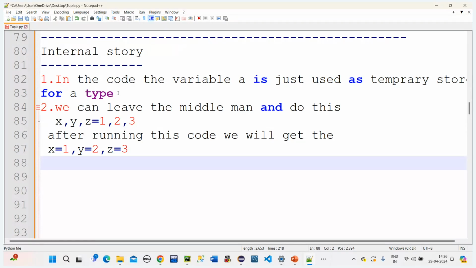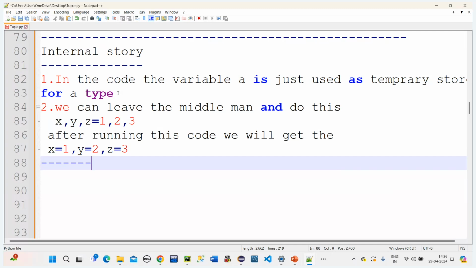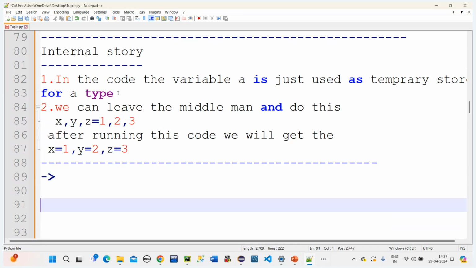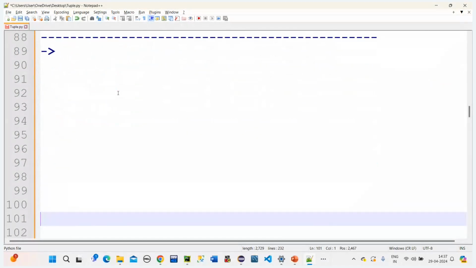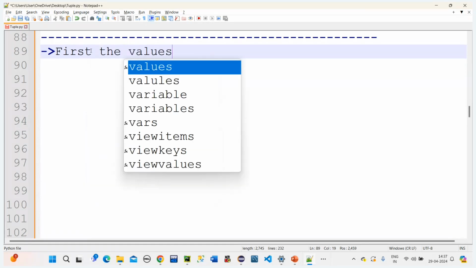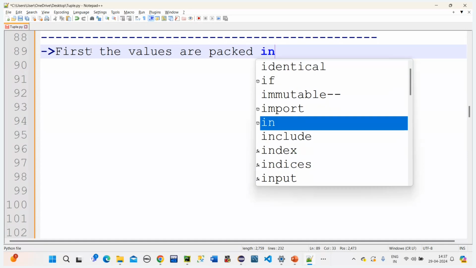Now let's see what is happening internally. Up to here, I guess you understood. It means we can skip the A part. Okay. Now, first, the values are packed. Packed where?